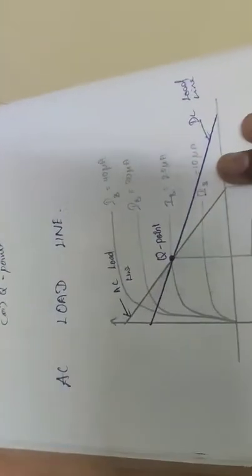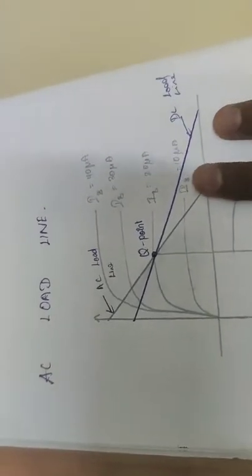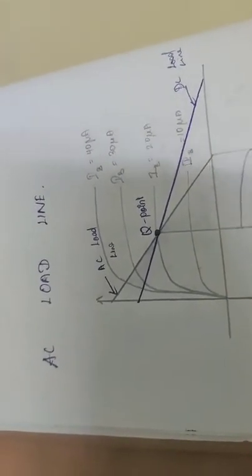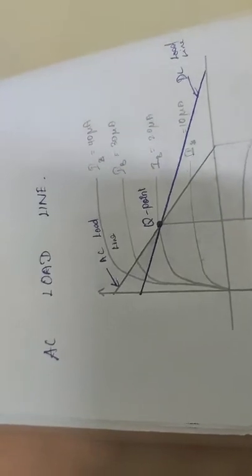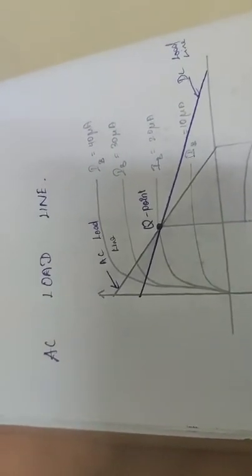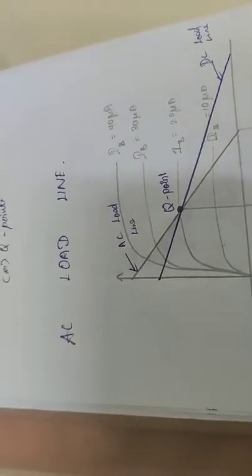Now next we are going to see what is an AC load line. Before moving into the graph, I am going to tell you what an AC load line is. An AC load line is always defined by the DC load line and both are interrelated.